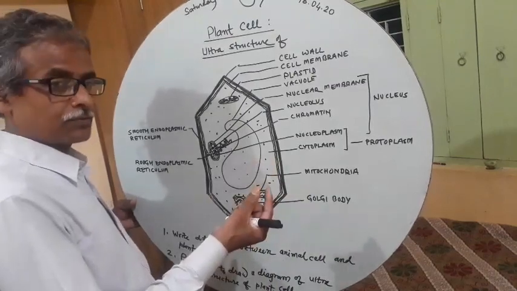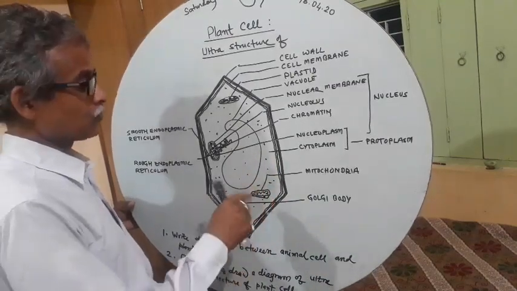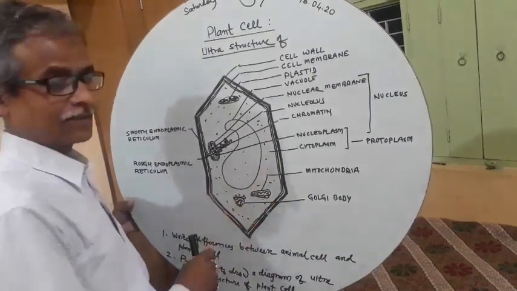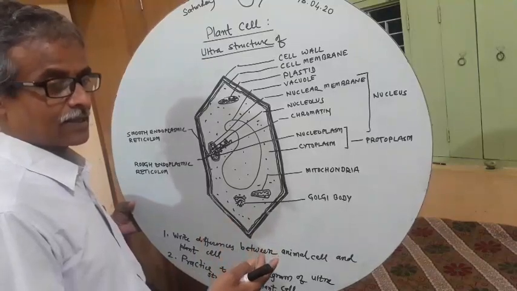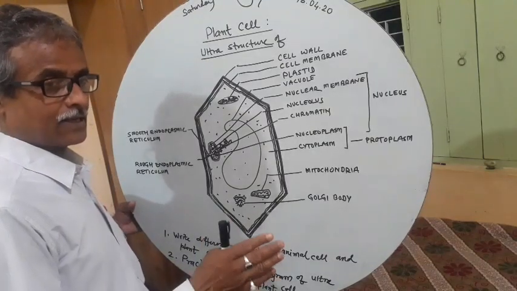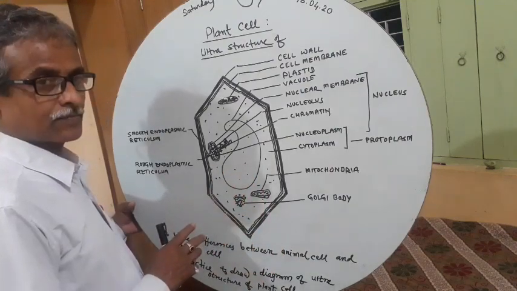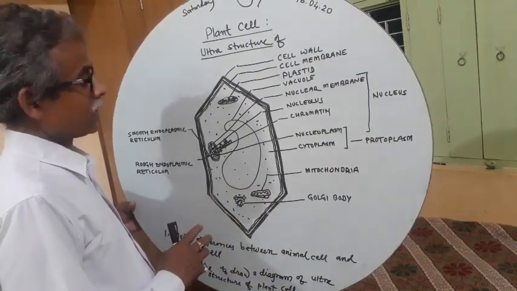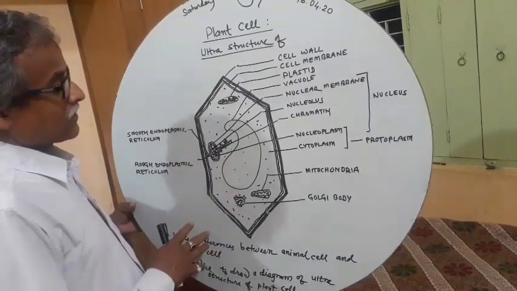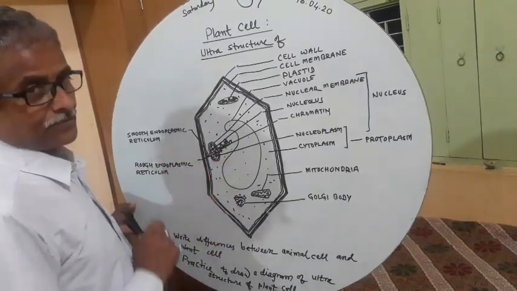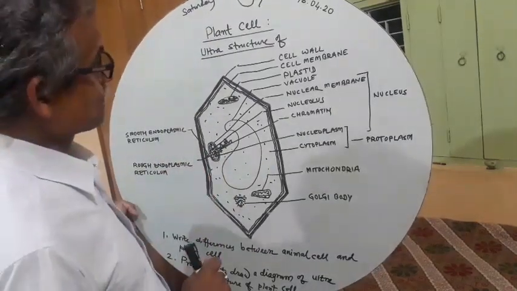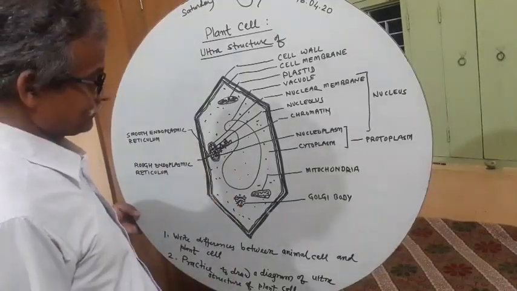Mitochondria are fewer and smaller in plant cell, but larger in size and number in animal cells. These are differences between plant cell and animal cell.